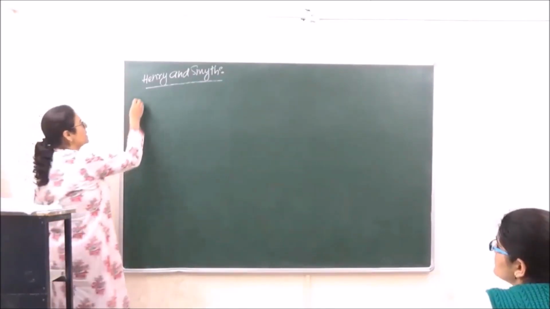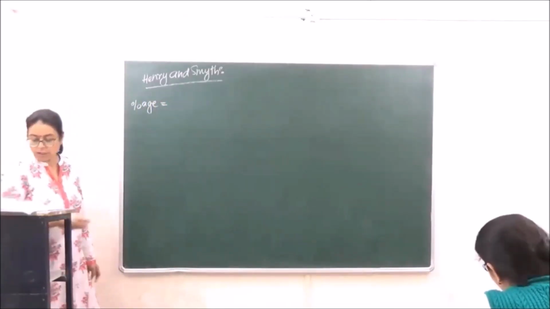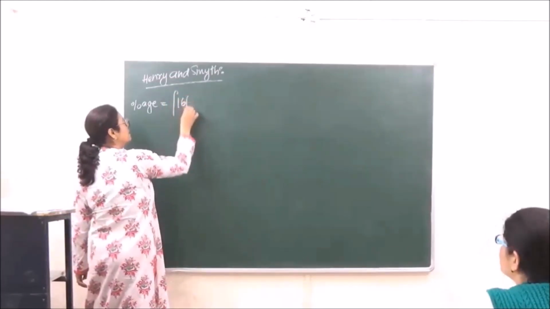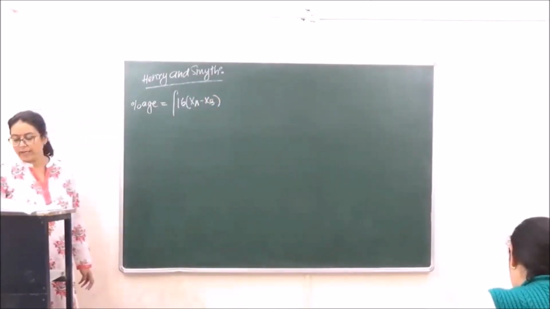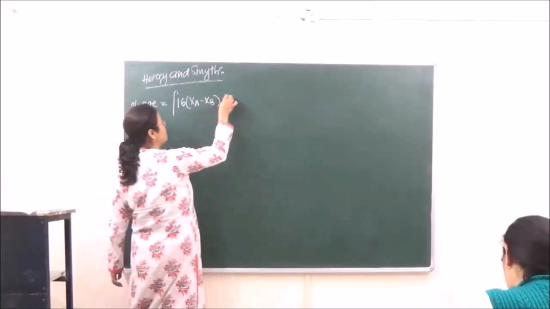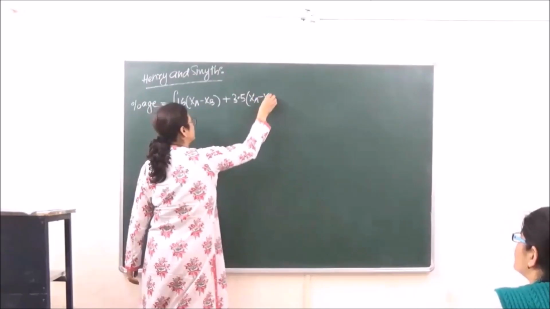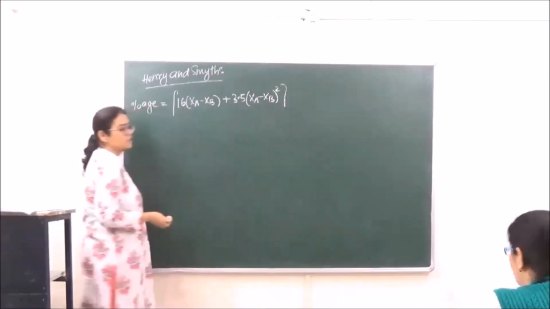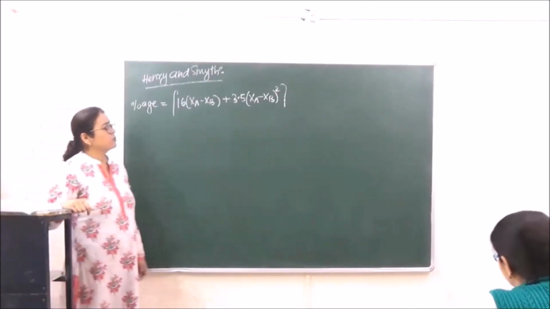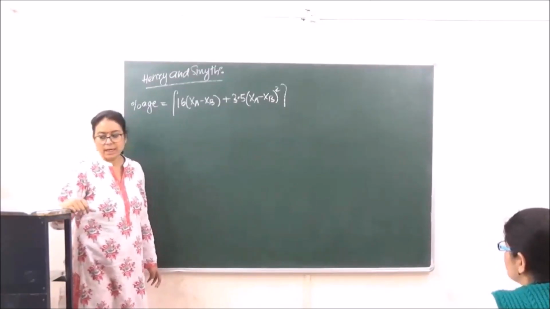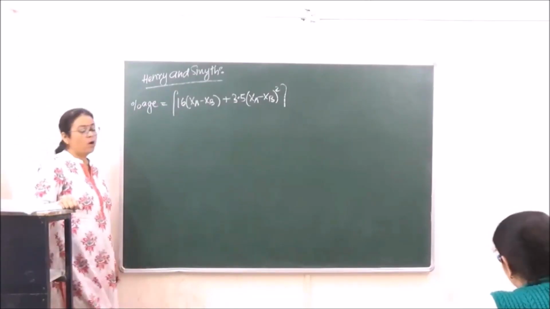According to this, percentage of ionic character can be given by this relation: 16 (XA - XB) + 3.5 (XA - XB) squared, where XA - XB represents the difference in electronegativities of atoms A and B. Okay? So this is how we can calculate approximately the percentage of ionic character.